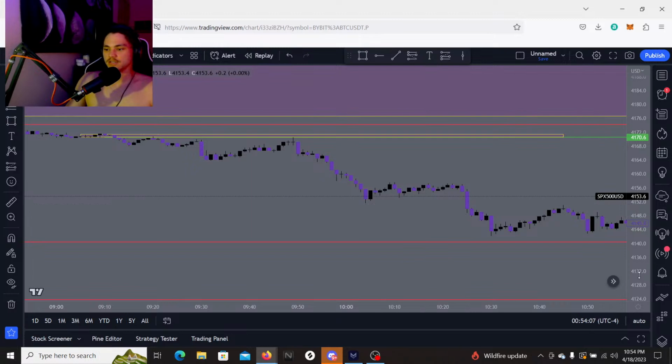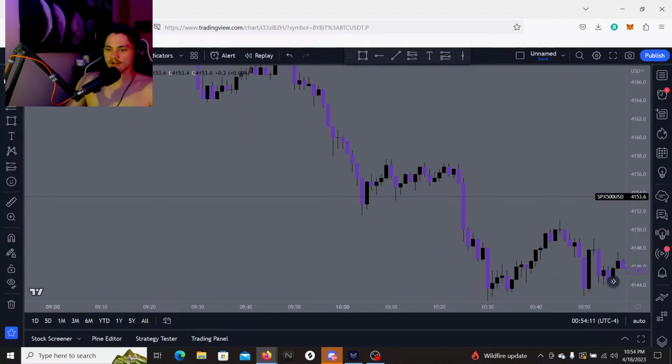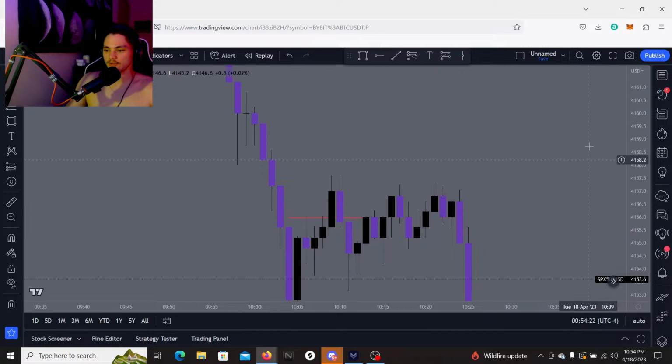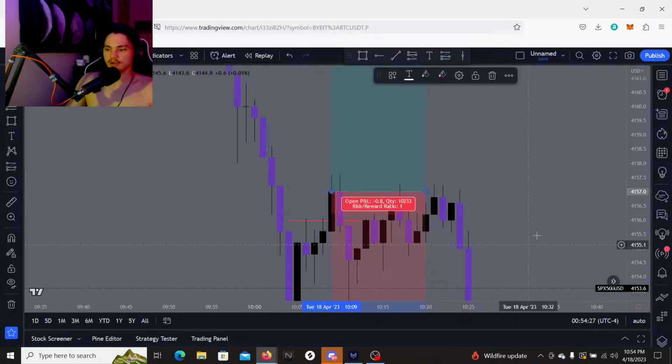And I saw this as we had our high set out right here after we just swept that liquidity that I marked out. Boom. And what do you know? 1 minute candle break above. Tried to take a buy right here.